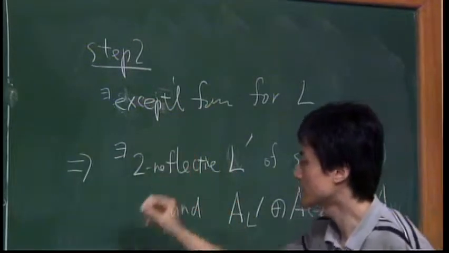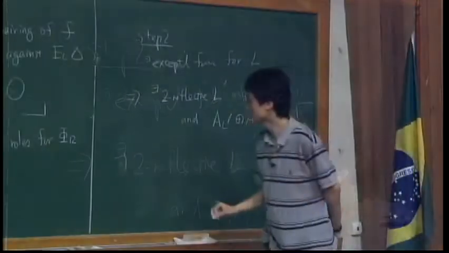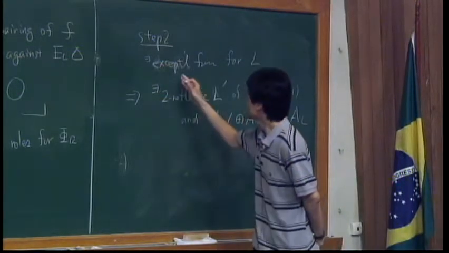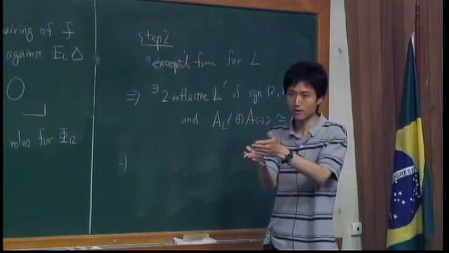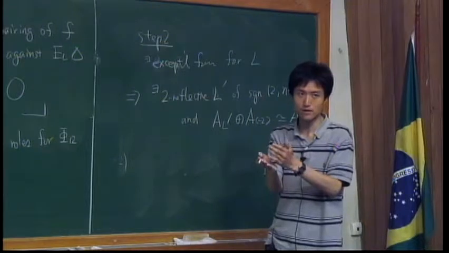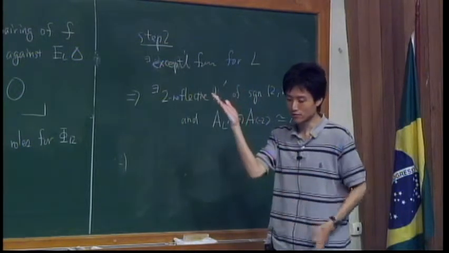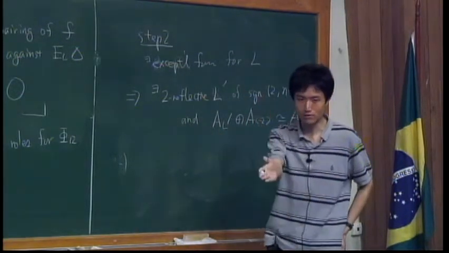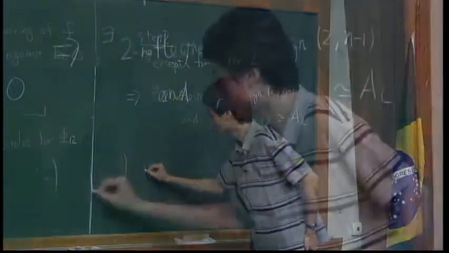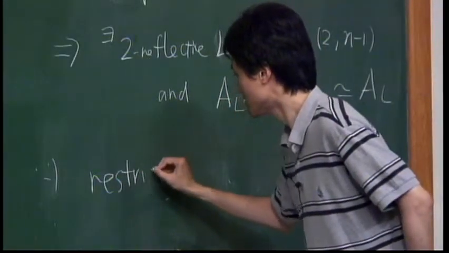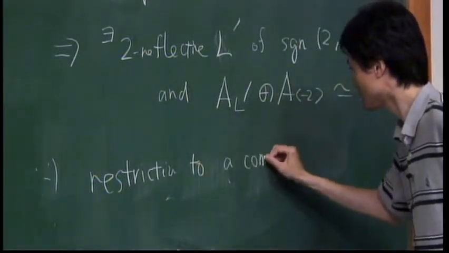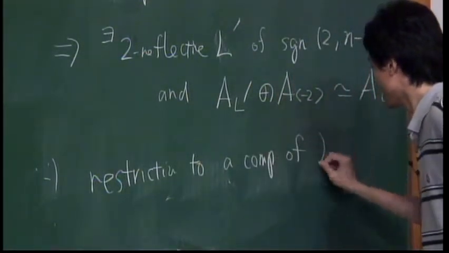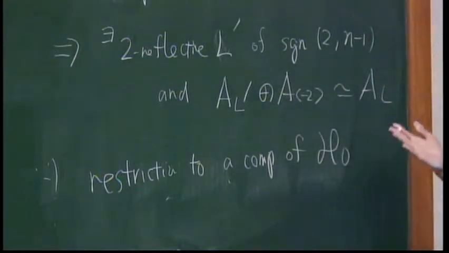I will not explain the details of this reduction step, but basically, if we have an exceptional form, it does not vanish at the main component H0. So we can restrict the two reflective form to a component of this Heegner divisor, which is again a two reflective form.